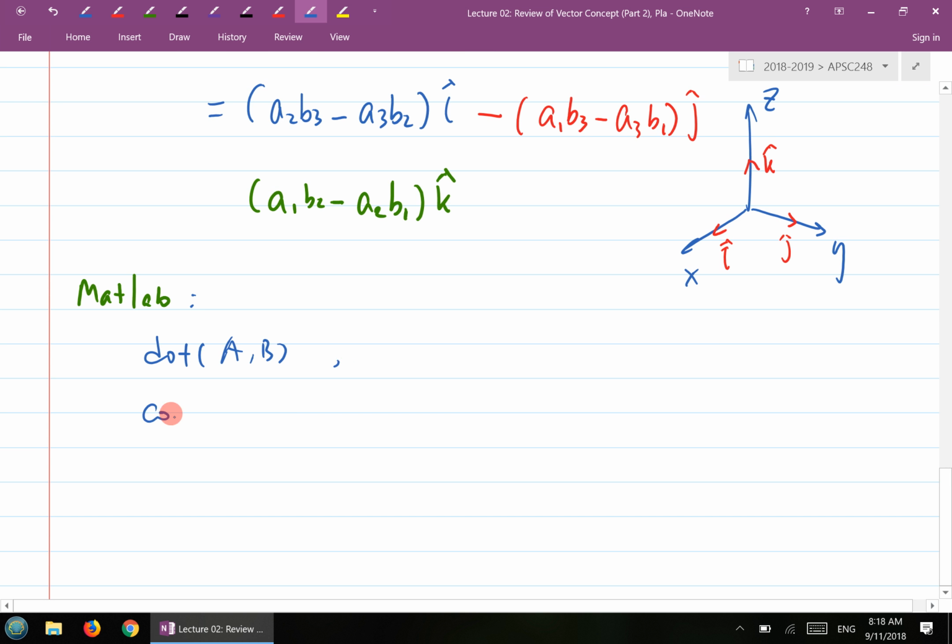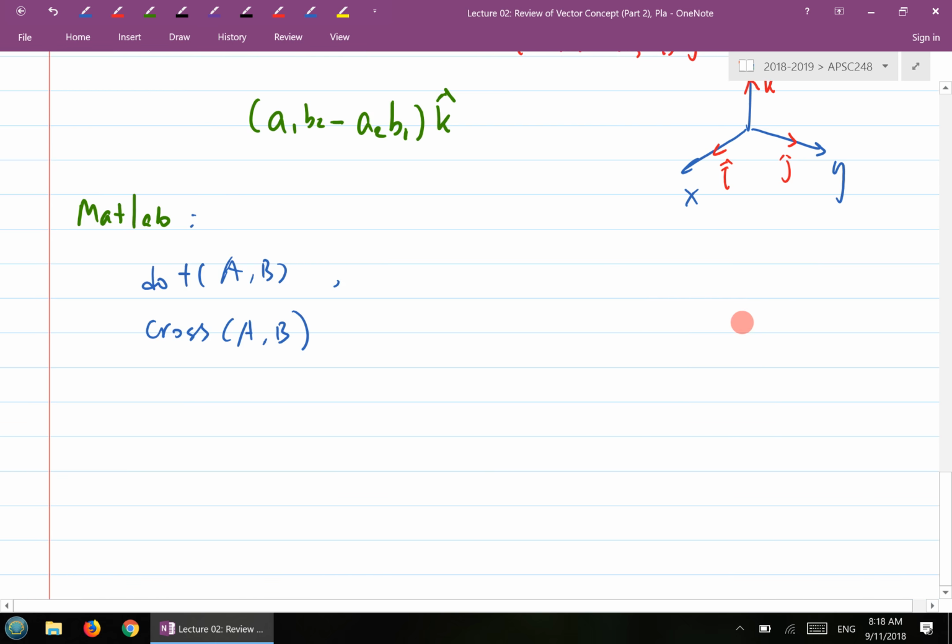You can use another command called cross to calculate the cross product. Now, here's a tricky one. I want you to study it yourself: how do I get the angle between A and B?